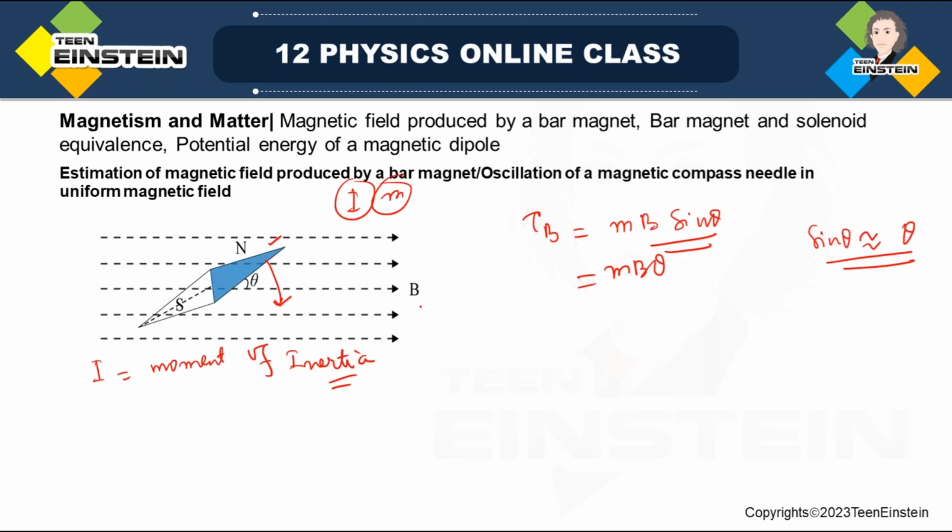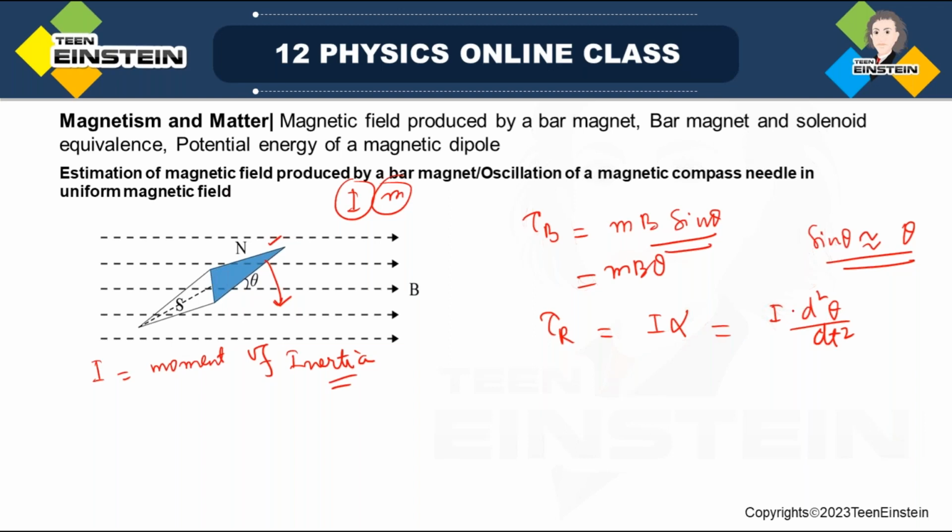What is the restoring torque? Here, the restoring torque due to this inertia, the rotational inertia, is given by L equal to I omega. So torque is I alpha, and alpha can be written as I d2 theta by dt square in terms of angular displacement.